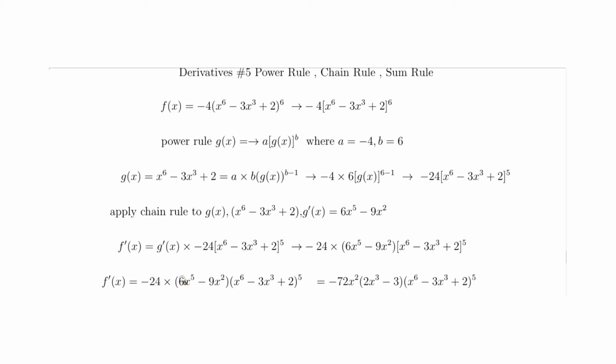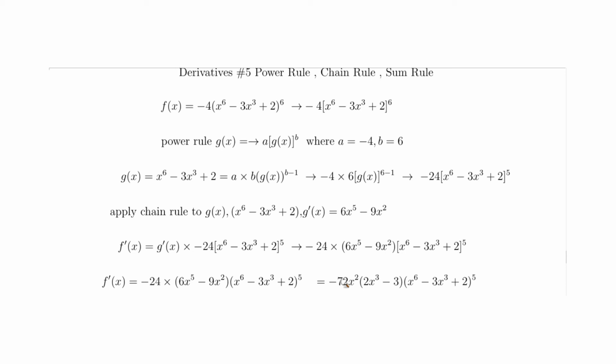But what you'll see with 6x to the 5 and minus 9x squared, we've got an x squared which we can take out of there and a 3. See, 6 will divide by 3 and so will minus 9. So if we take a 3 and if we take also out an x squared, so bring that to the front, so 3x squared. So 24 times 3x squared, minus 24, is minus 72x squared.